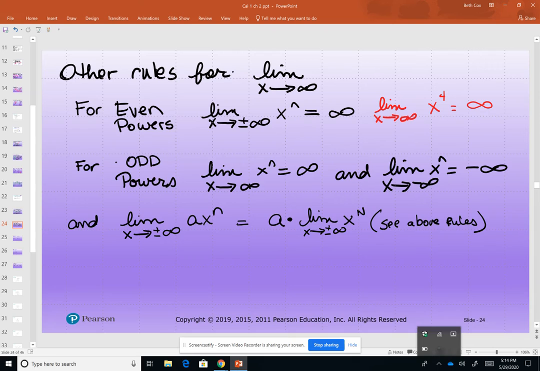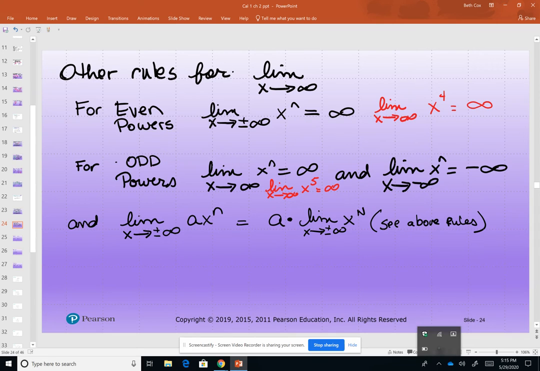That's for an even power. For an odd power, we have the negative to deal with. As x goes to infinity, let's say x to the fifth, this is just positive infinity.